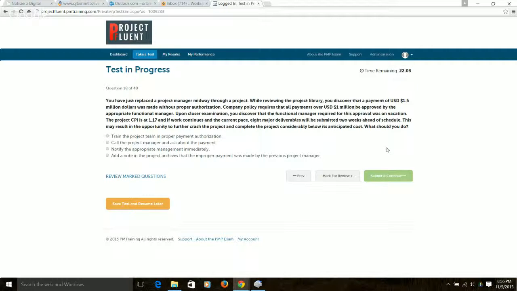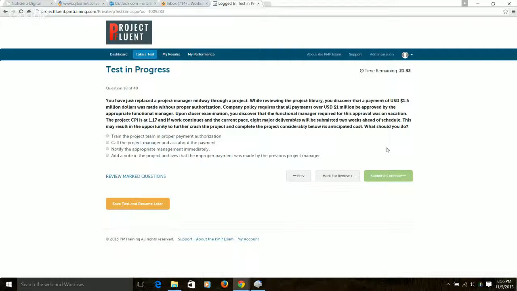And then they give you more information. They tell you the project CPI is at 1.17. And if work continues at the current pace, 8 major deliverables will be submitted 2 weeks ahead of schedule. This may result in the opportunity to further crash the project and complete the project considerably below its anticipated cost.